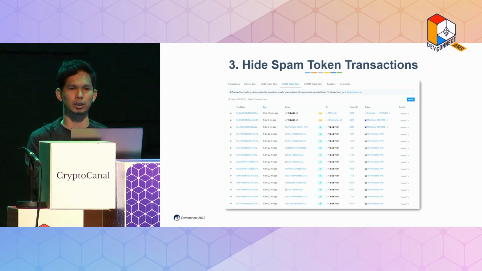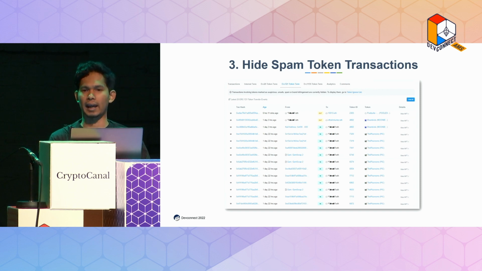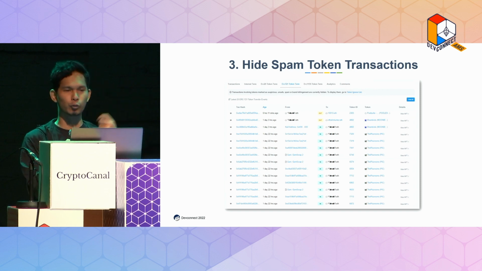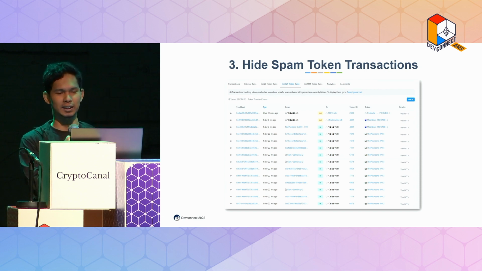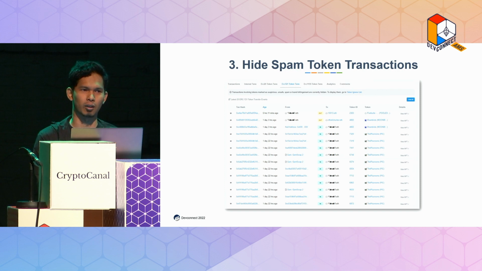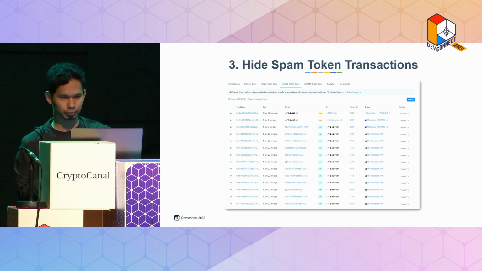Only if the user logs into the Etherscan account and does a simple approval of a checkbox, then we will hide all of these spam tokens that we've detected. And so from having a dozen pages where you can't see which ones are actually your transactions, now you should be able to see all of the relevant transactions that you want in your address.